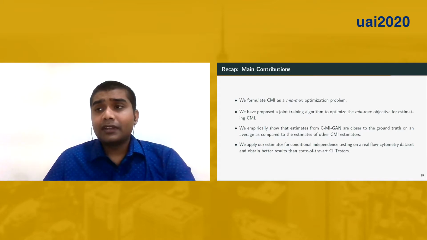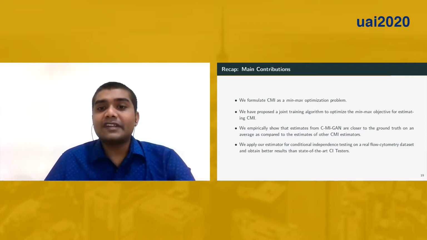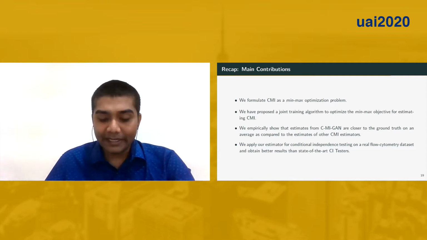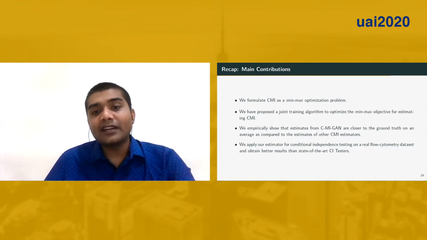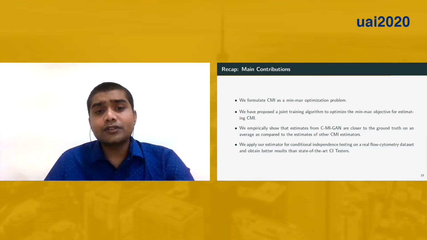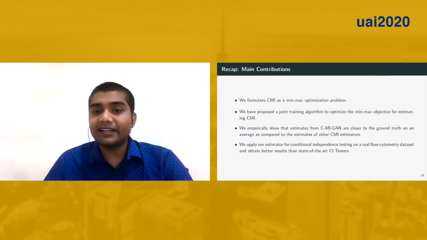We have theoretically derived the optimal regression network's expression for a given generator, and we have shown that when the training converges, we estimate the true CMI value, and also we show the efficacy of our proposed method in estimating CMI on several real-world and synthetic datasets.